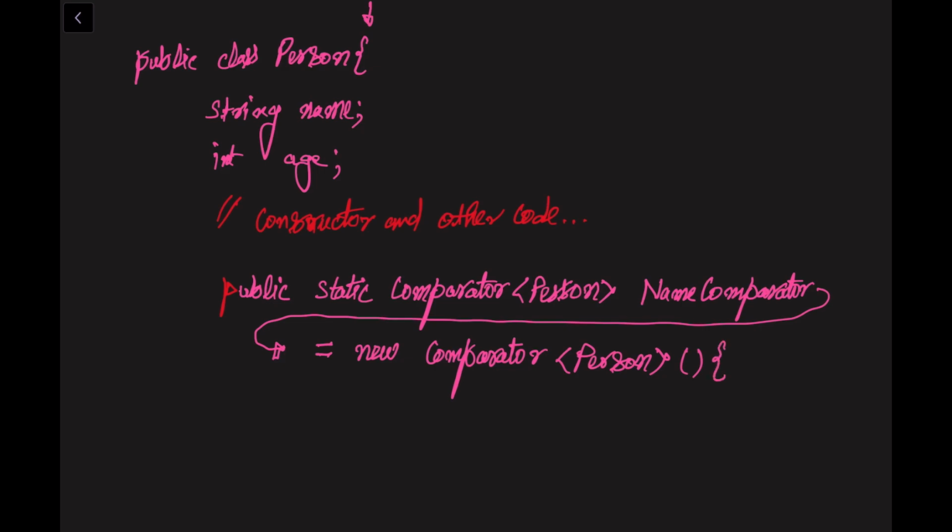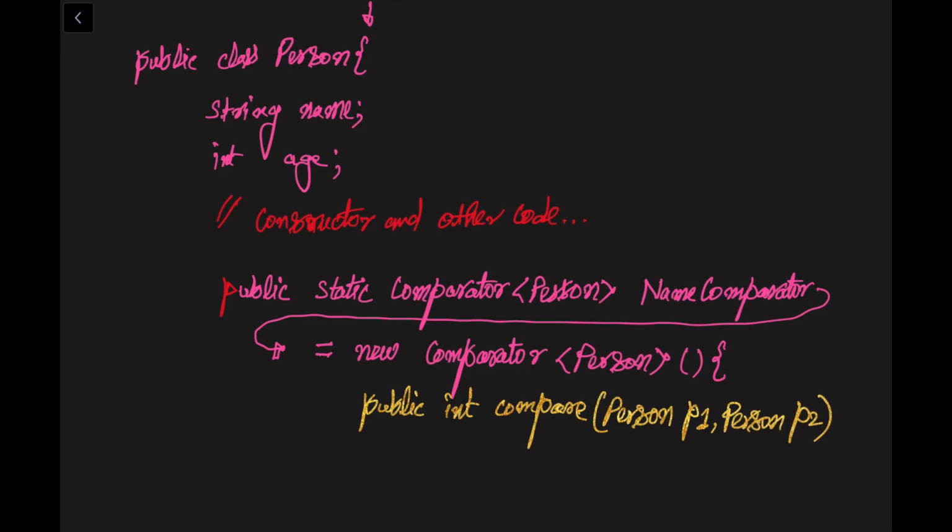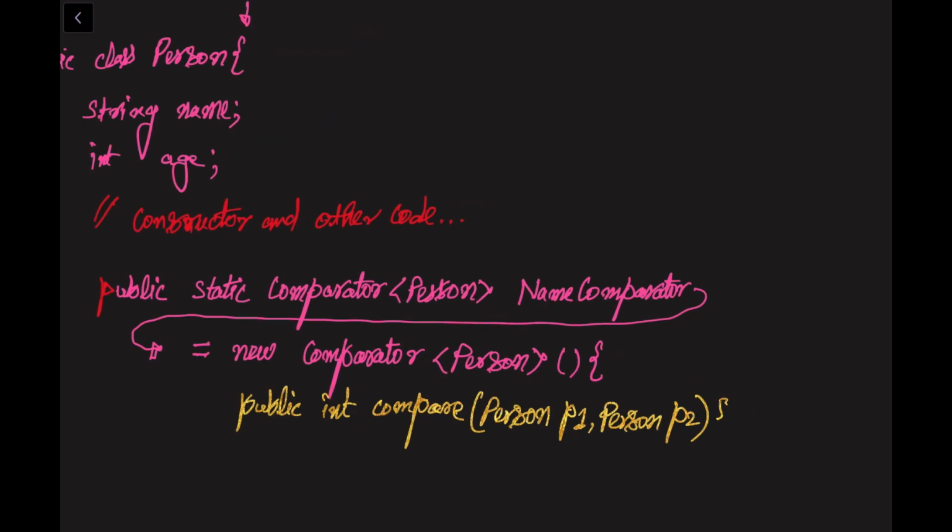And inside that, let me change the color. Inside that, public int compare, then we have Person p1, Person p2, then again one more curly brace.